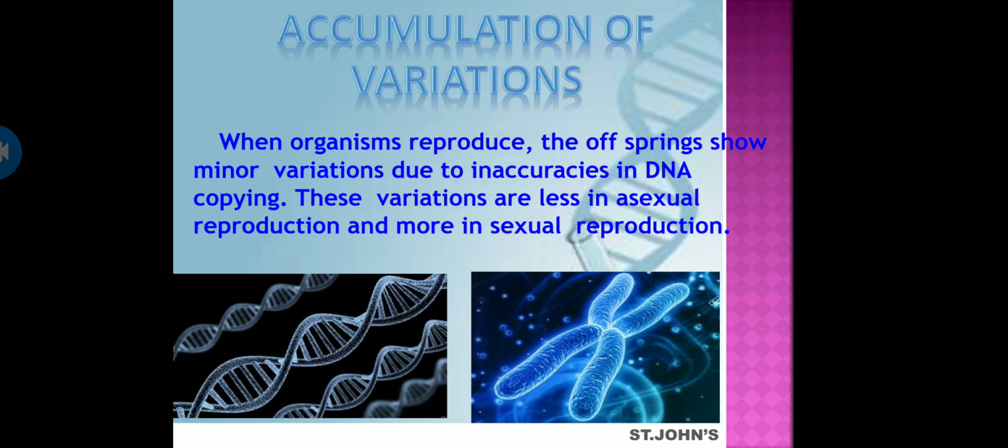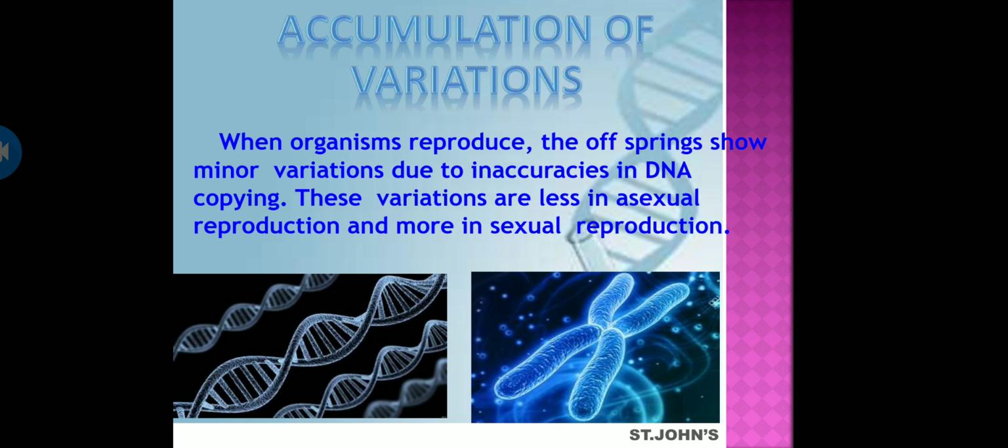Coming to accumulation of variations: when organisms reproduce, the offspring show minor variations due to inaccuracies in DNA copying. These variations are less in asexual reproduction and more in sexual reproduction.